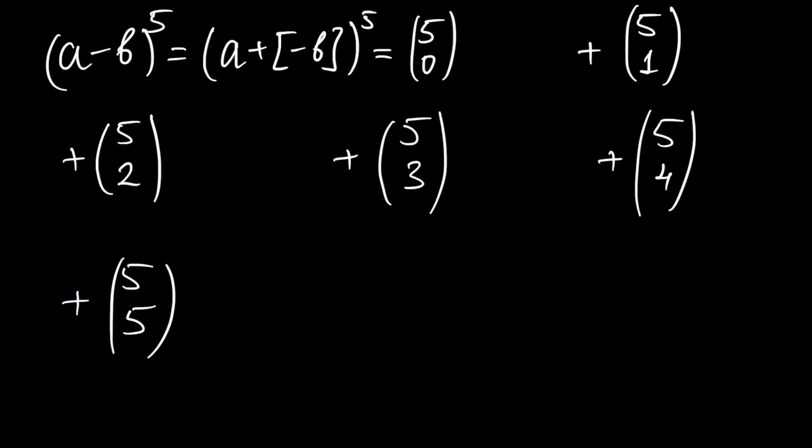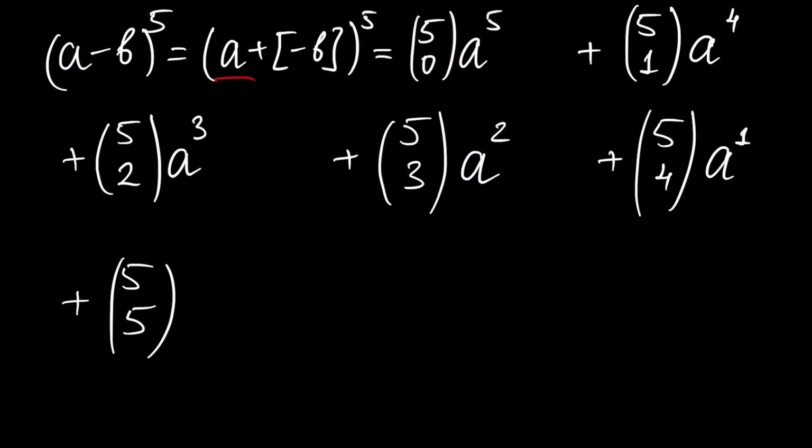We can calculate these coefficients easily using previous definition. Next, we write for our element a along the same line as we explained earlier. It will be a to the power 5 plus a to the power 4, a to the power 3, a to the power 2, a to the power 1, which is just a, and a to the power 0, which is 1.